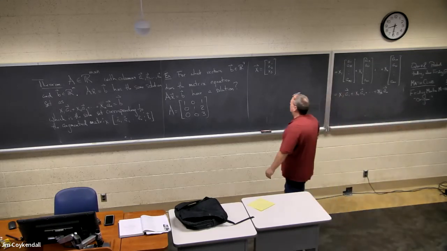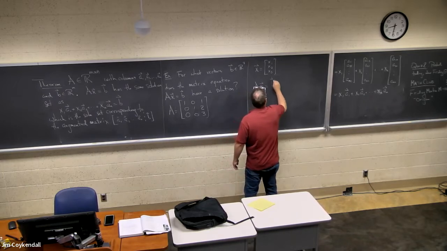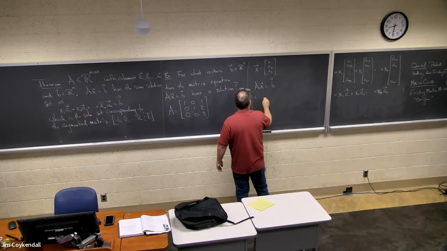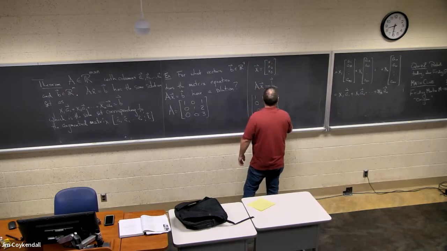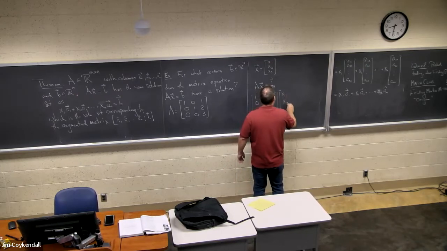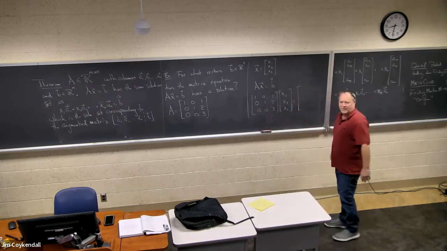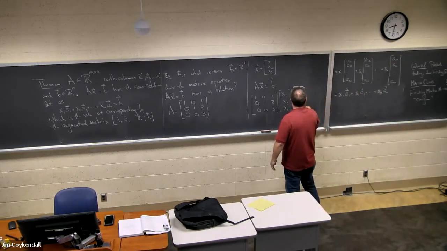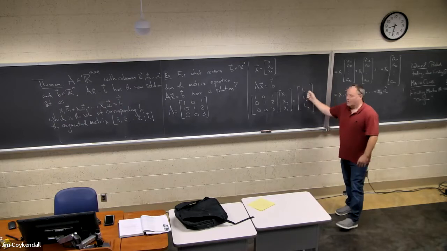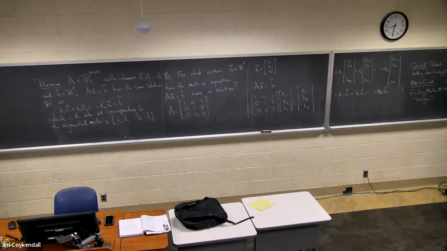So the question is, let's write this out. I asked for what vectors B, so let me just make up some stuff for B. The question is really asking, for what makeup of B can I actually solve this matrix equation?